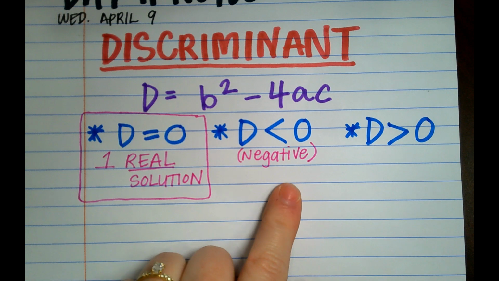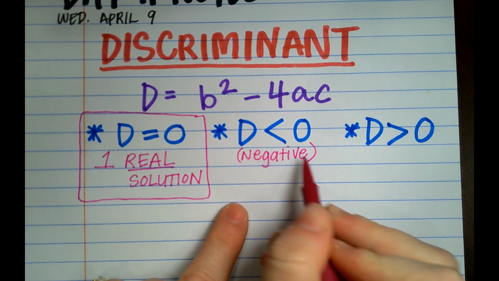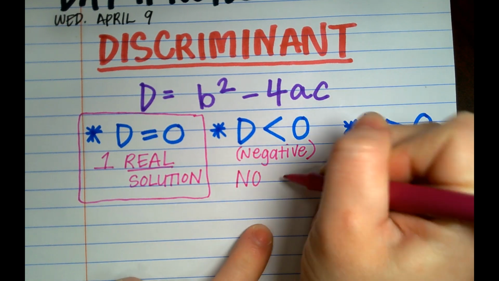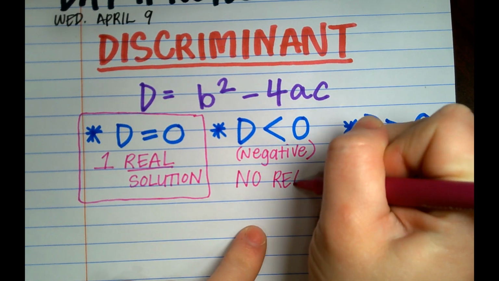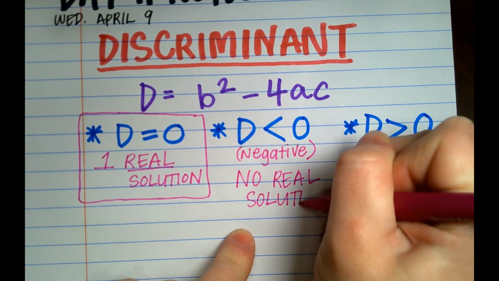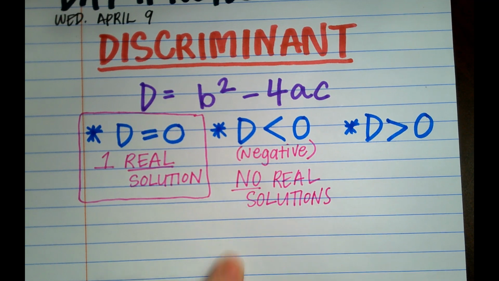So when we get a negative number as our answer for the discriminant, this means there are no real solutions. Or 0 real solutions.